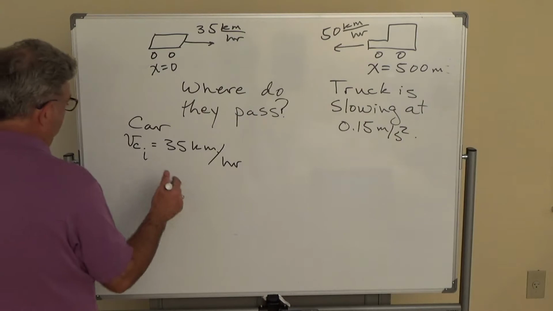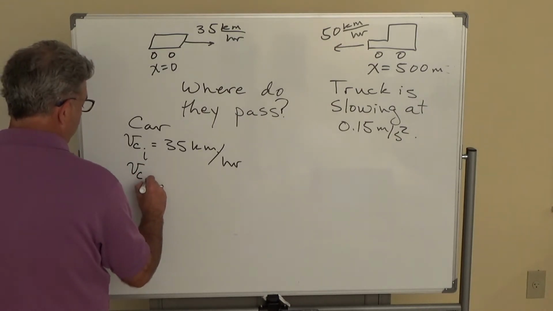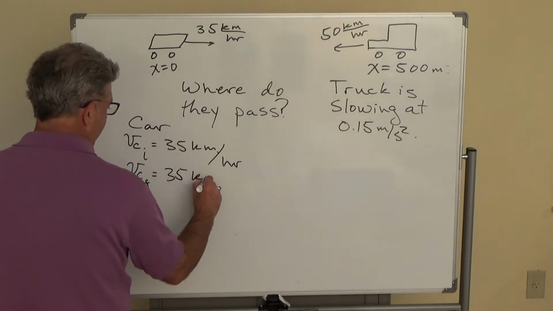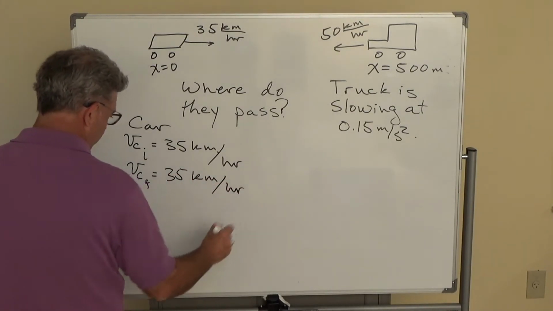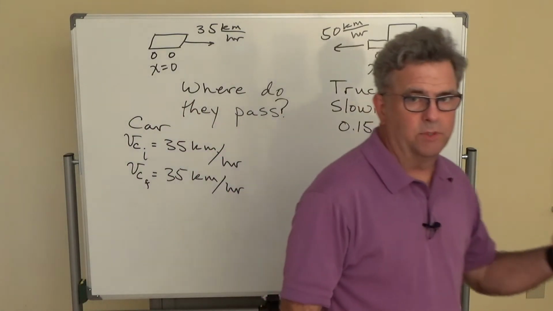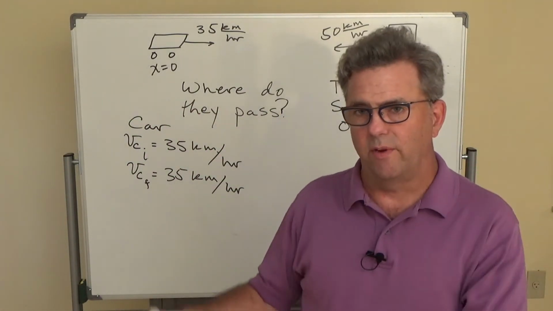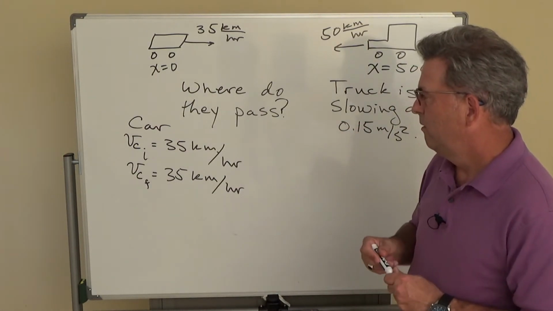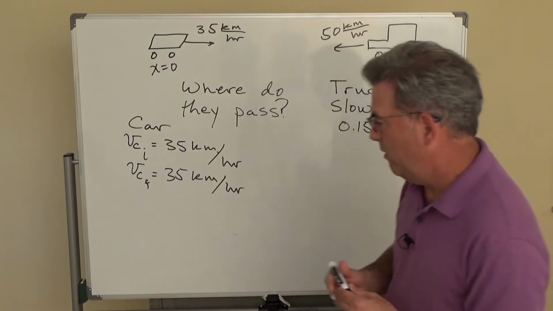V car final is equal to 35 kilometers per hour. It's doing nothing. It's not speeding up or slowing down. It's just traveling along happily at 35 kilometers per hour. All right. Acceleration for the car.